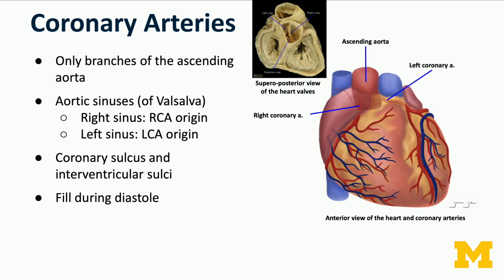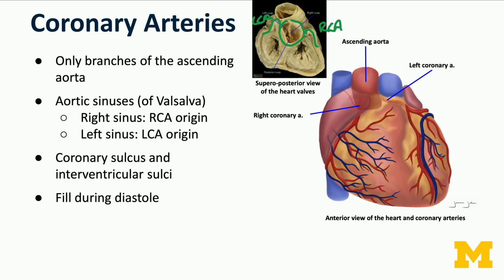So the coronary arteries are the only branches of the ascending aorta. In the cadaveric donor photograph, we can see the ascending aorta here, and we can see the RCA coming off of the right aortic sinus and the LCA coming off of the left aortic sinus.